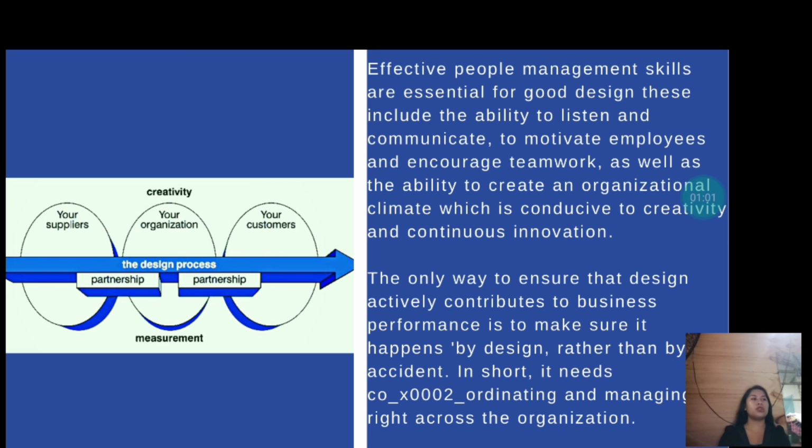The customers are the receivers of the actions of the organization, and that calls for the partnership between the organization and the customers. So the design process will not work without partnership from the supplier to the organization and from the organization to the customers.